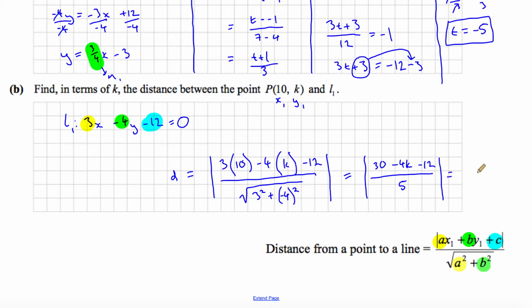And so for a final tidy up, we have the modulus of 18 minus 4k, all over 5. So that's, in terms of k, the distance between the point (10, k) and L1.